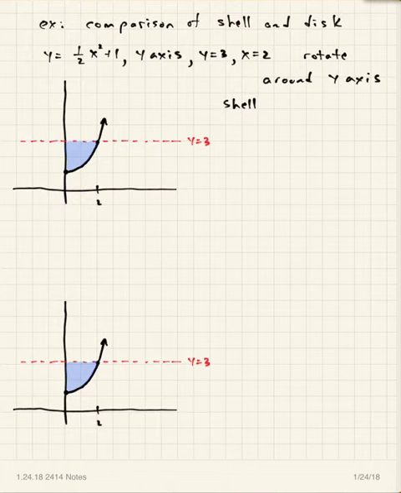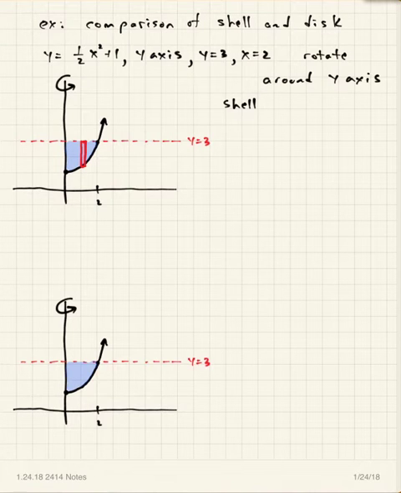Remember, the axis of rotation is the y-axis that we're rotating around. So in the shell method, what kind of a rectangle do we want? Remember, in the shell method, the rectangle has to be parallel to the axis of rotation. So there's my rectangle in there, and you're rotating that around the y-axis.